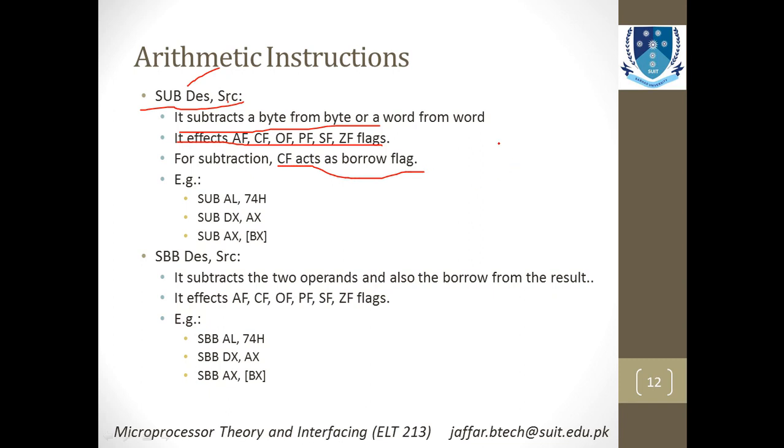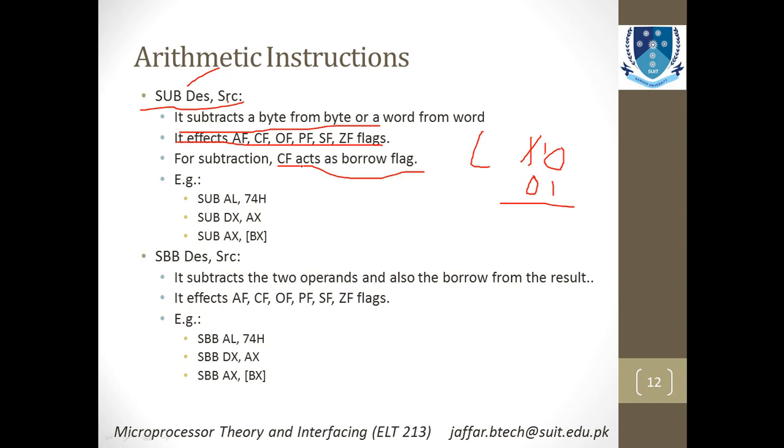You know that if you have to subtract a low byte from a higher byte, you have to actually take some carry from the neighbor, let's say. It will now perform the same task, but for the current reason you do not have any carry flag.